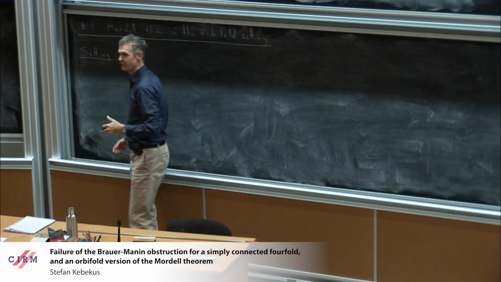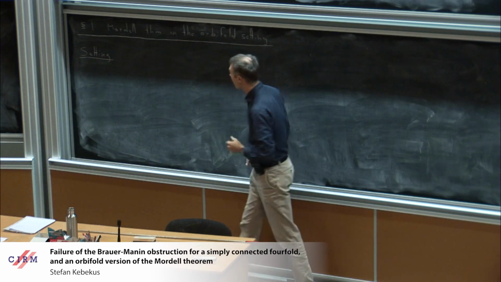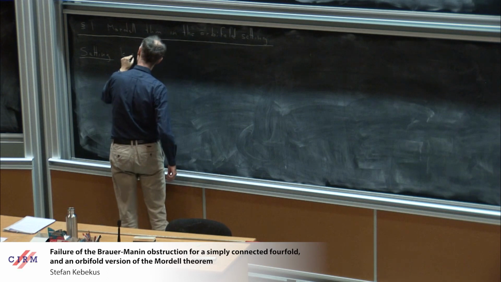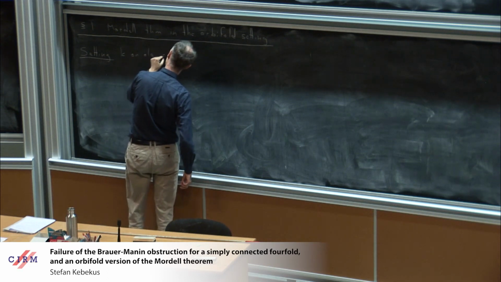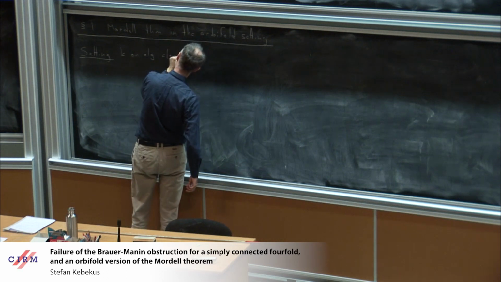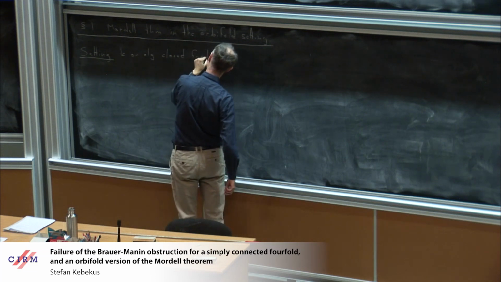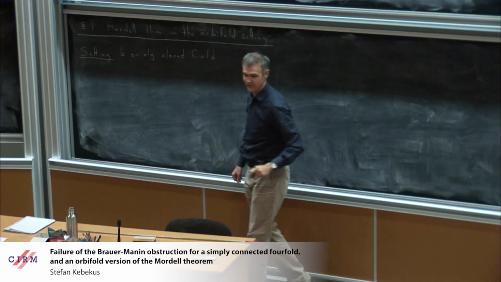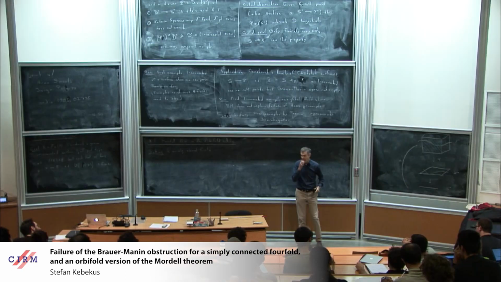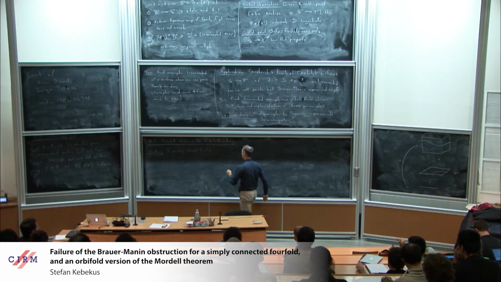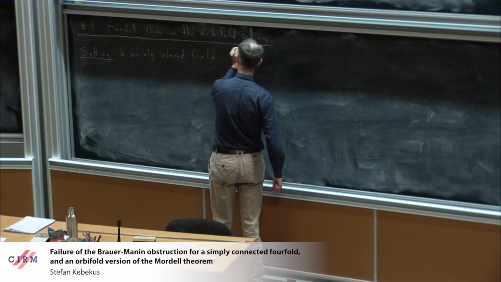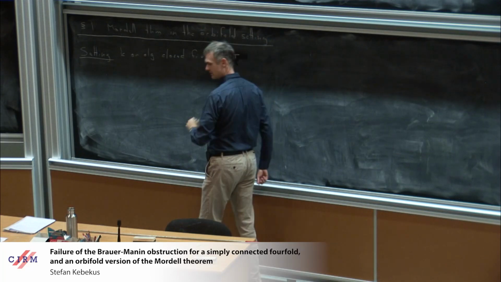So let me then specify what the setting is. Now I'll take K, an algebraically closed field, for instance, the algebraic closure of a finite field. I have, this is now better. What did I call this?